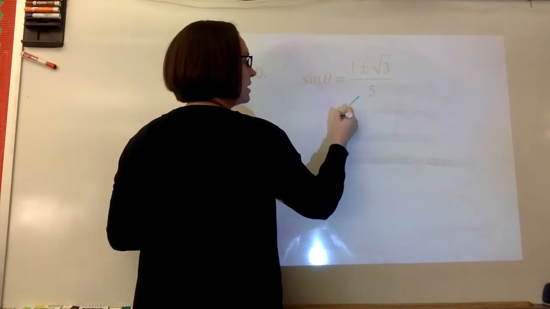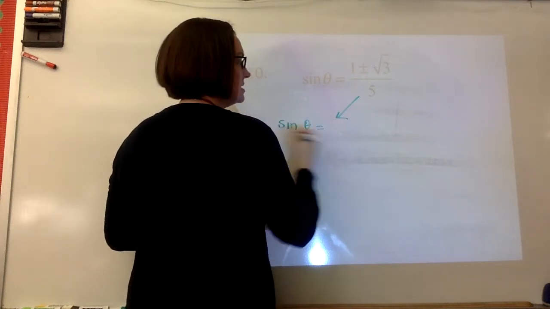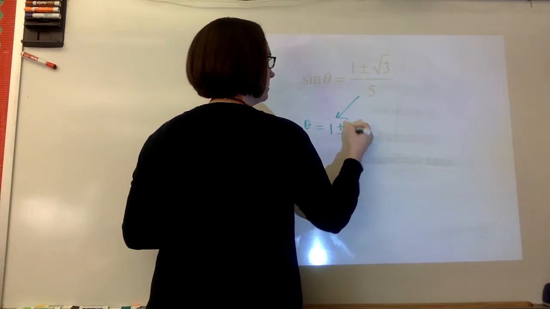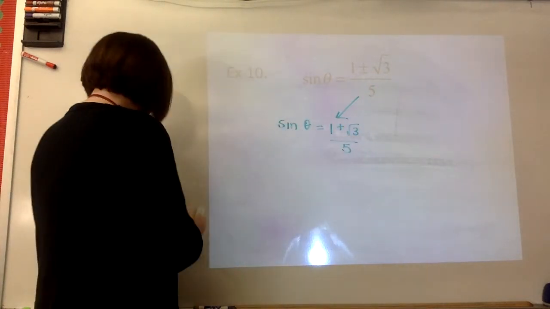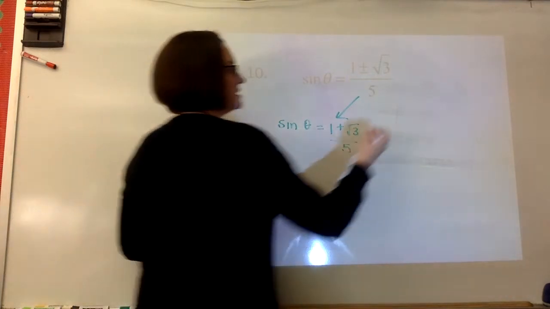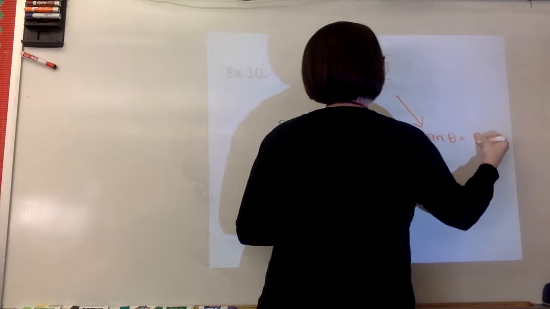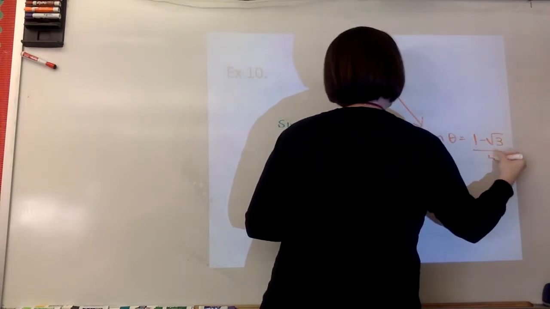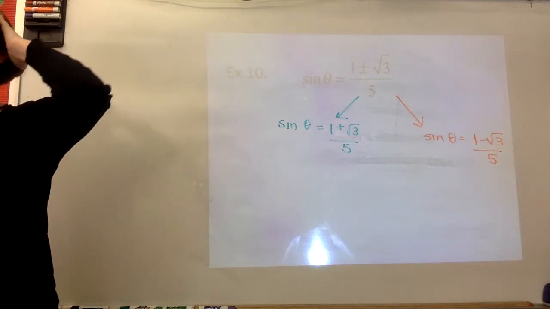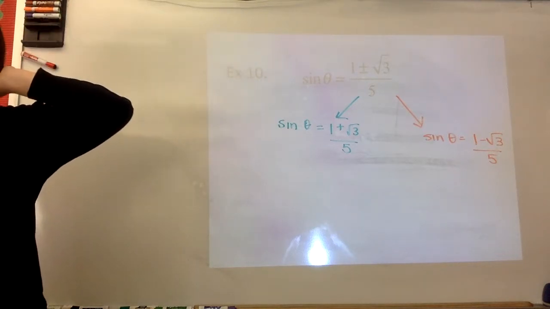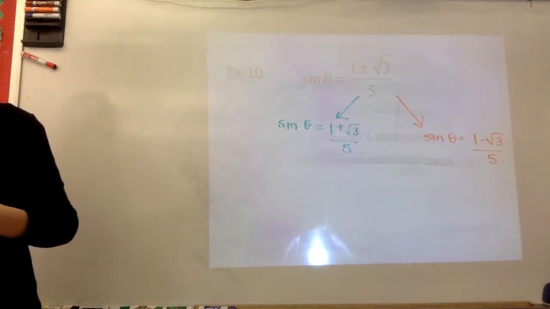So the first thing we're going to do is we're going to solve this one. The sine of theta is equal to 1 plus root 3 over 5. The second is going to be that the sine of theta is equal to 1 minus root 3 over 5. Just like you would solve a quadratic and you would say x is equal to this or x is equal to that. Two different ones.